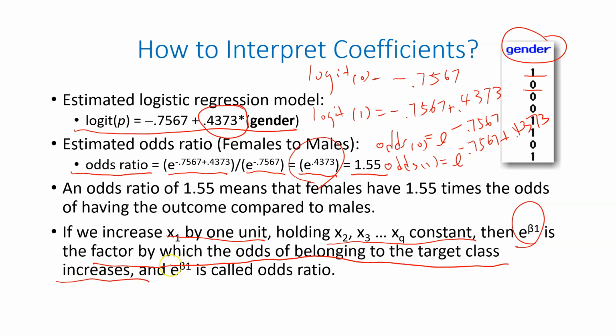And e raised to the power of beta 1 is called the odds ratio.